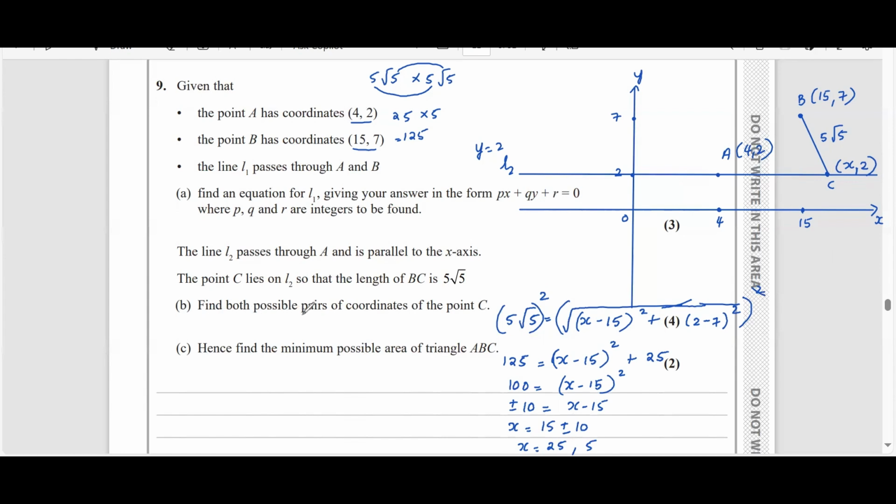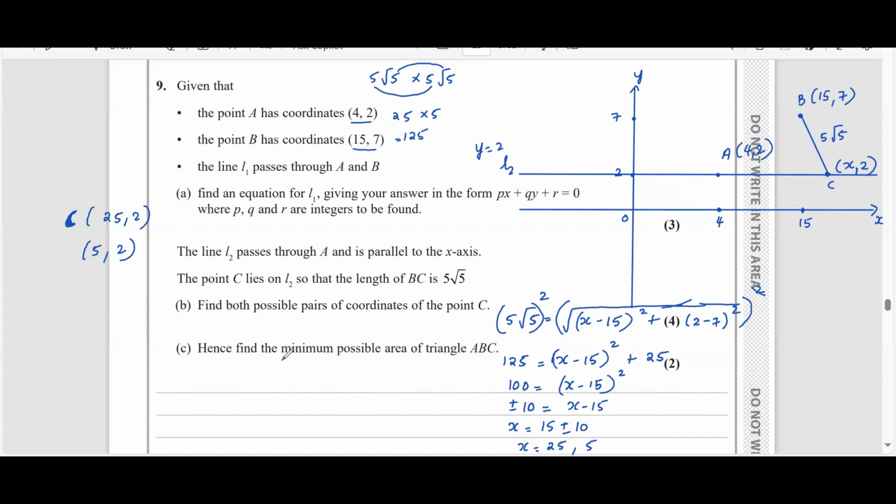The y value is not going to change because C lies on this line L2. So the coordinates of C will be either (25, 2) or (5, 2). These are the two possible pairs of coordinates.